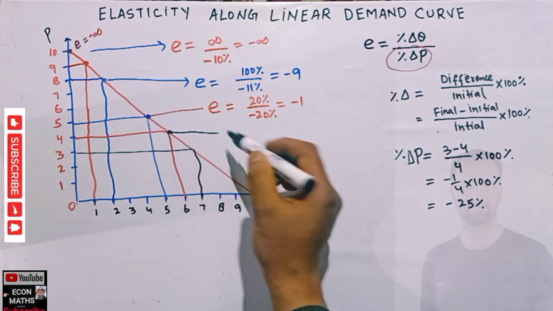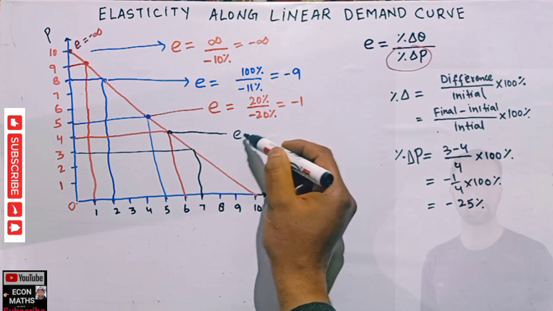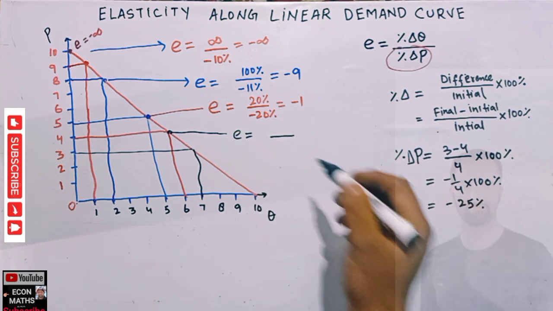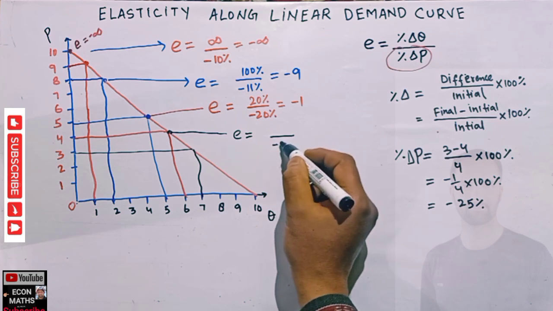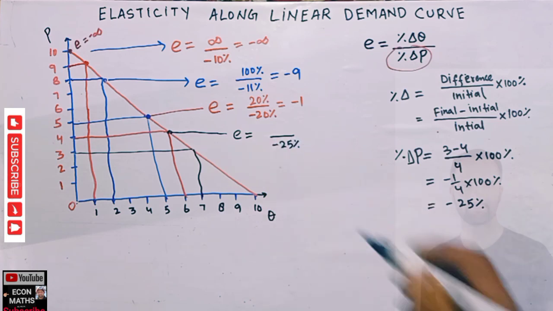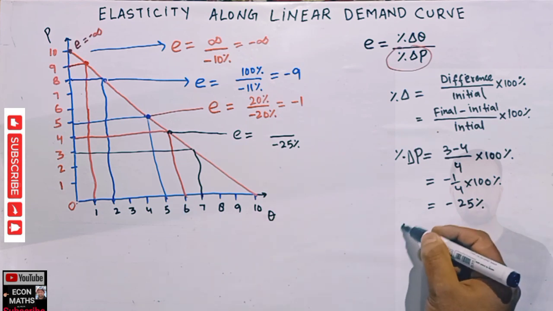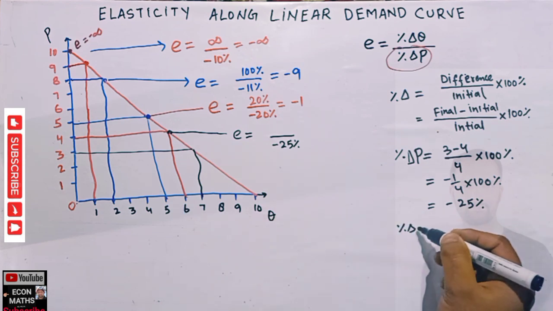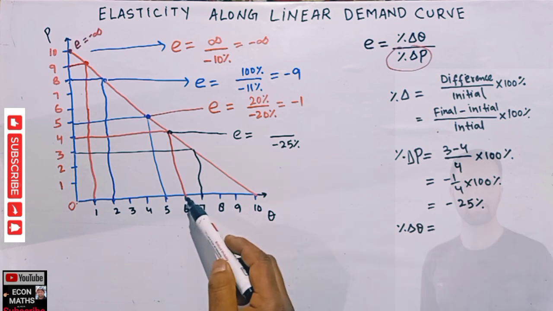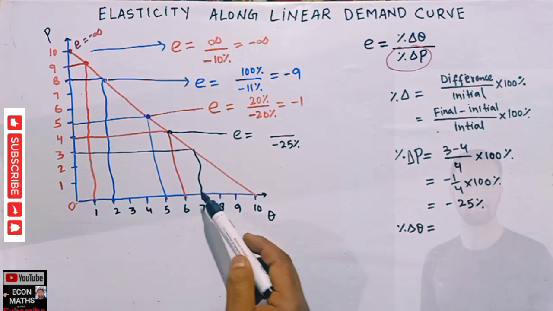So elasticity at this point, let me write it here. Let us write first the percentage change in price. Price decreases by 25%. What is the quantity demanded? So percentage change in quantity is equal to, quantity demanded changes from 6 to 7.